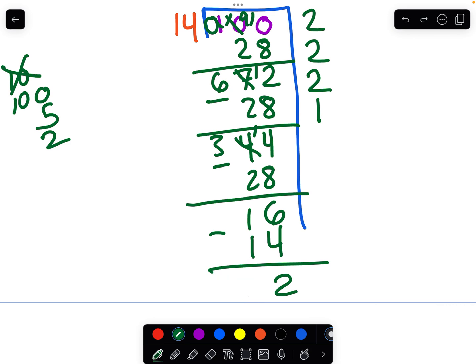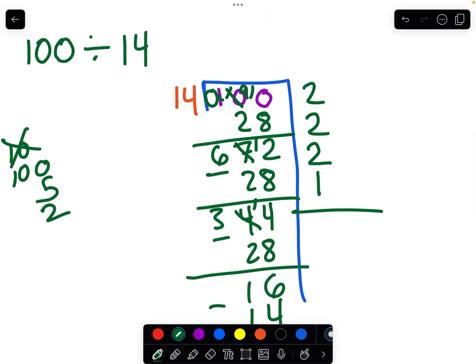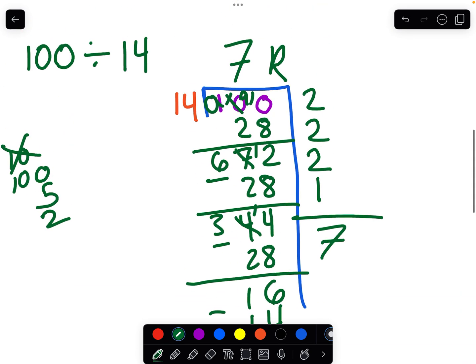So I've got my remainder, and all I need to do is add this column on the side up. 2 plus 2 plus 2, well, that's 6, and then I add 1, and that's 7. So my answer is 7, remainder 2. Or we could also say 7 and 2/14. That is my answer, and I solved the problem.